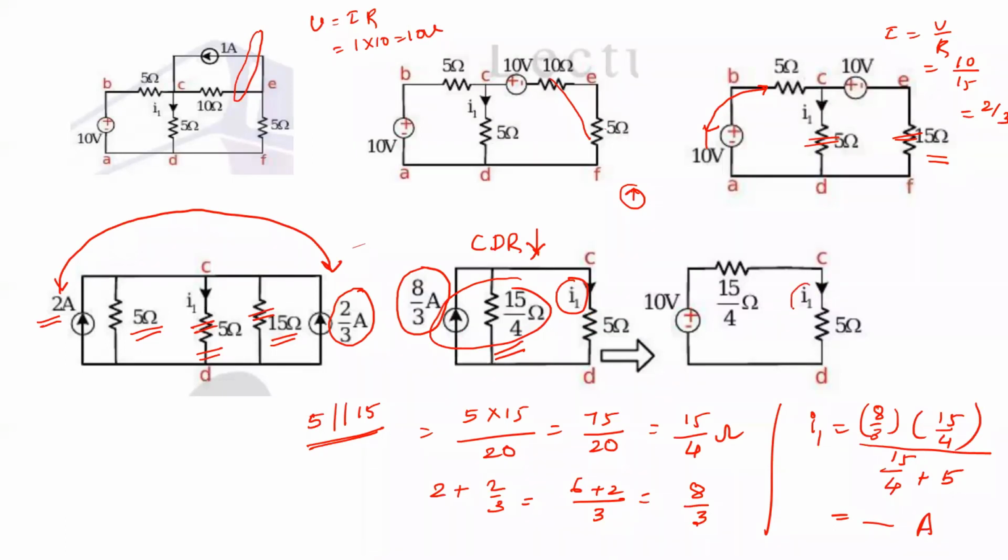So current I1 equals V by R, V is 10 divided by the total resistance. Total resistance is what? 15 by 4 plus 5. So whichever method you feel convenient, that method can be applied. Okay, good. So we go ahead.